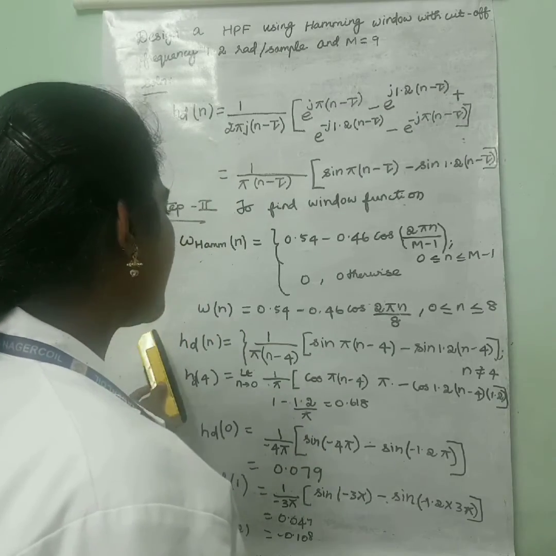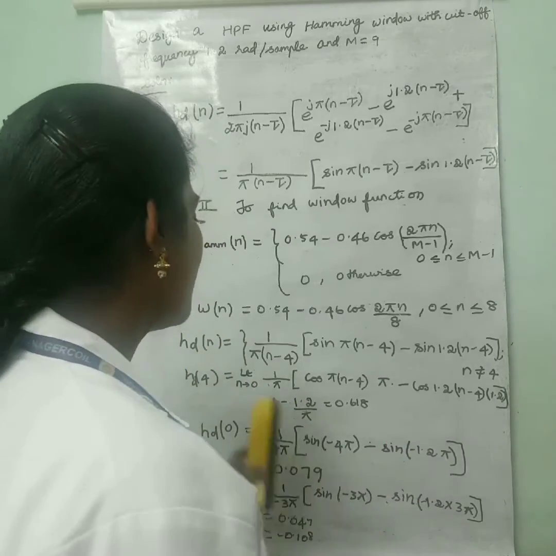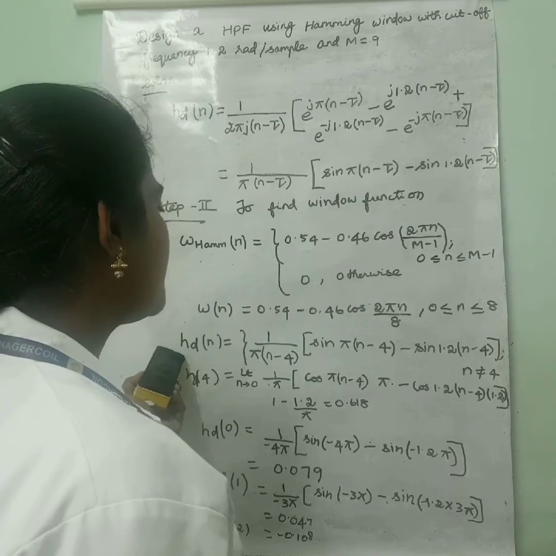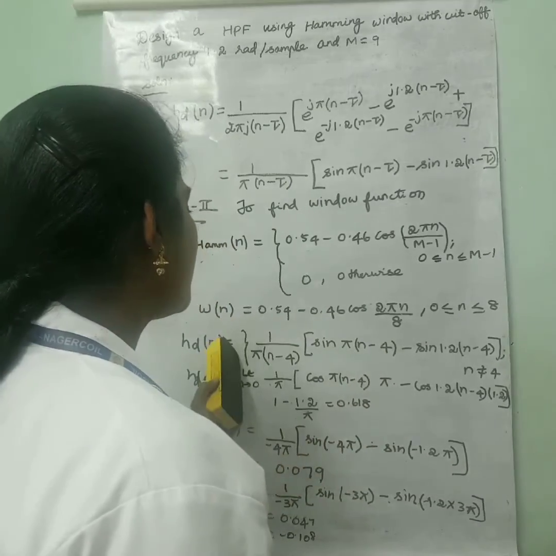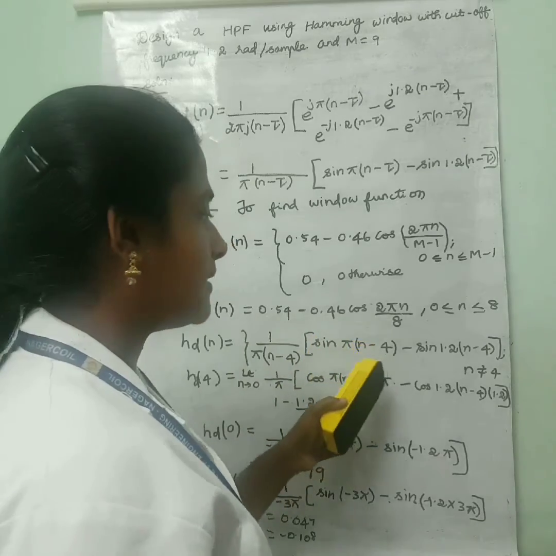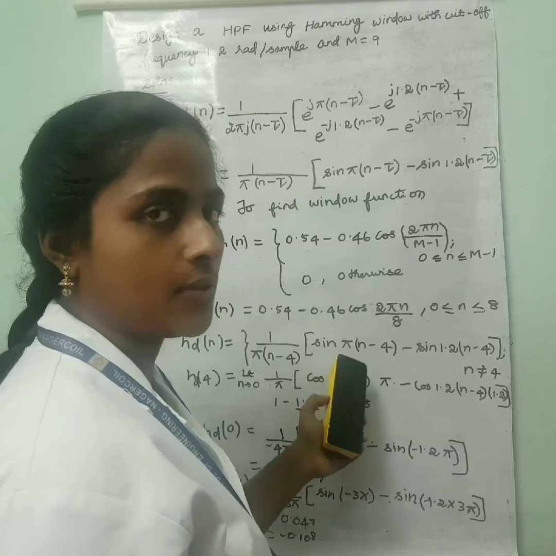Then for h_d(n) also we have to find the values from 0 to 8. Here for h_d(n), when you substitute 4, you will get this in indeterminate form. This equation will become indeterminate when you substitute 4.